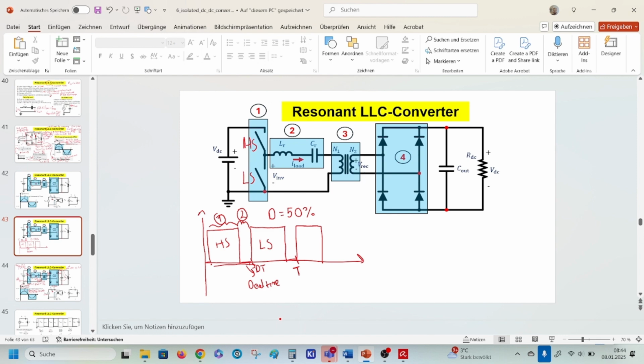These two switches are off, and in this case my inductive element tries to discharge and current flows again in the same direction, but I have here anti-parallel diodes, and the current flows back again to discharge my inductive element. This is the case of mode 2.